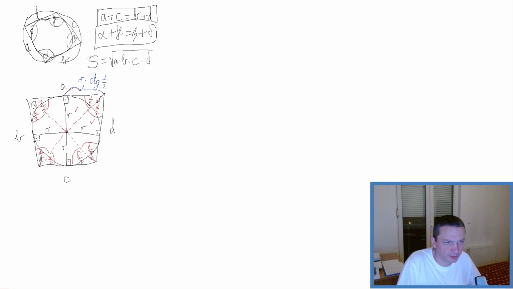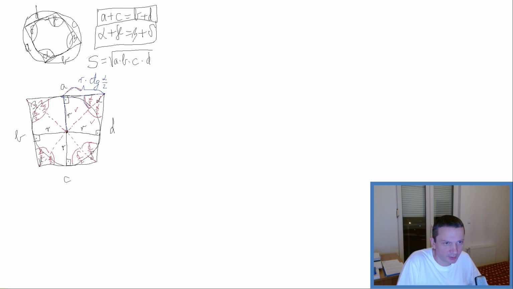From this right triangle here, the cotangent of alpha half is this side over this side, and this is exactly what we obtain here.